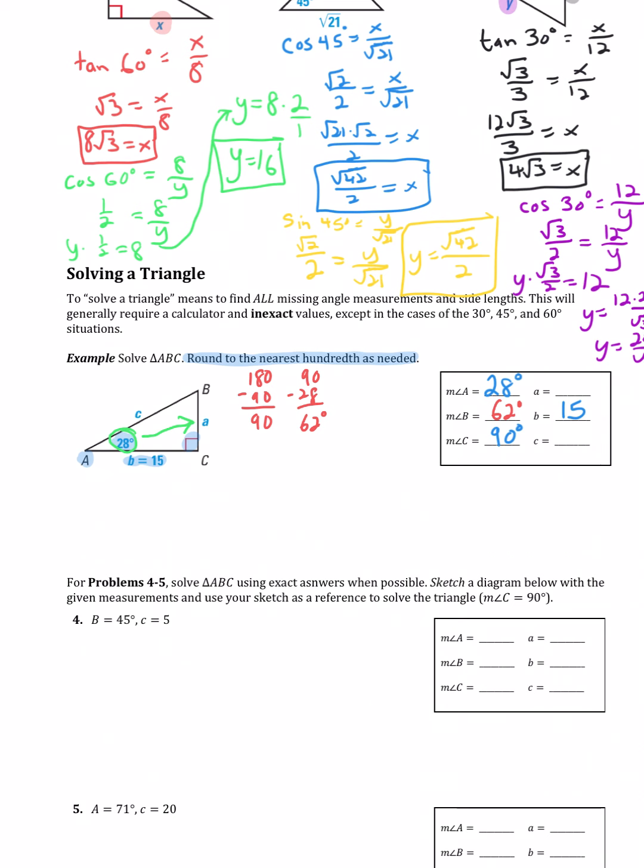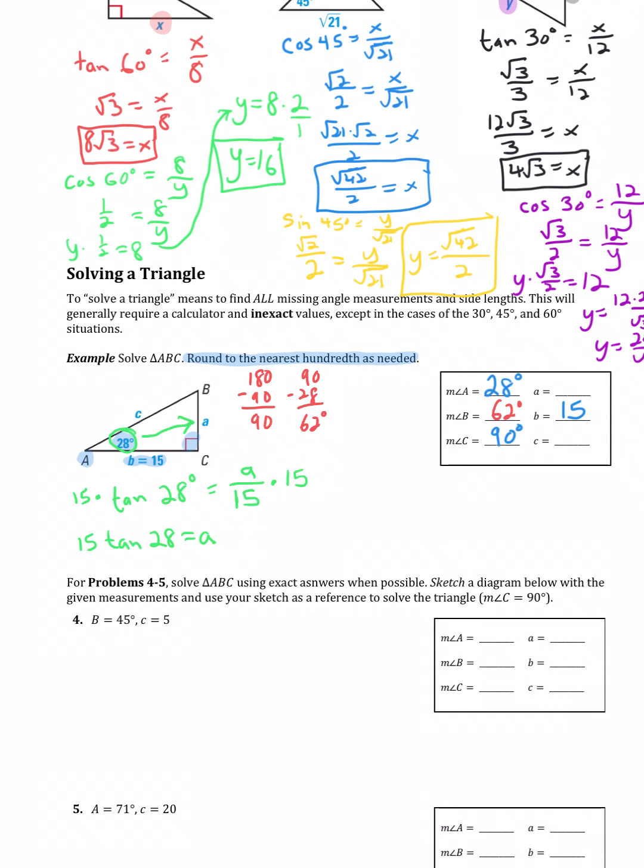So if I'm looking for side A, and I'm using side B, I'm going to use the tangent function. Tangent of 28 degrees equals A over 15. Now, I want to get A by itself, so I need to multiply both sides by 15. And I get 15 times tangent of 28 degrees equals A.